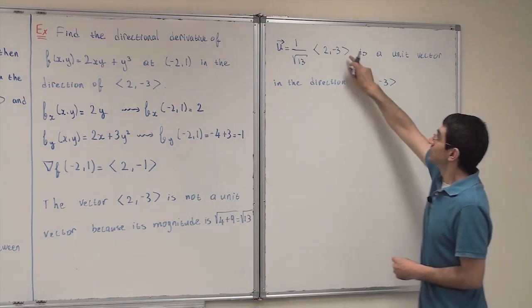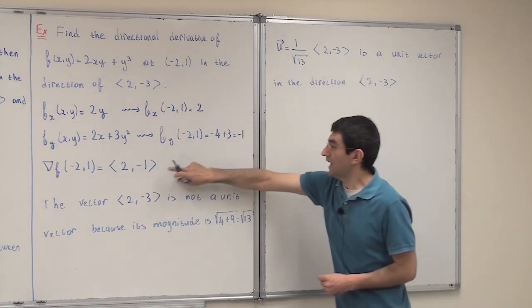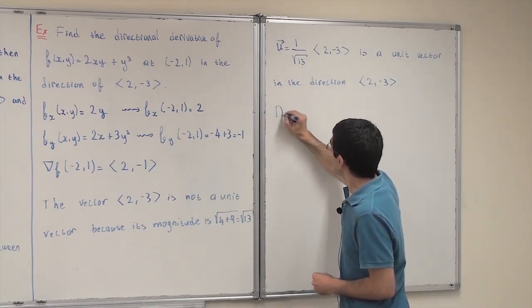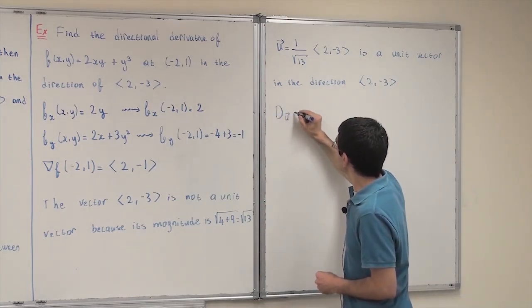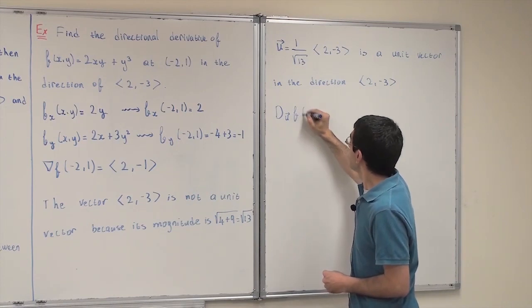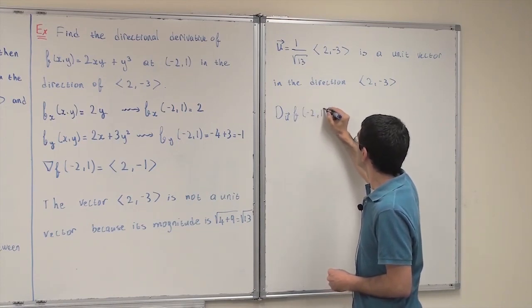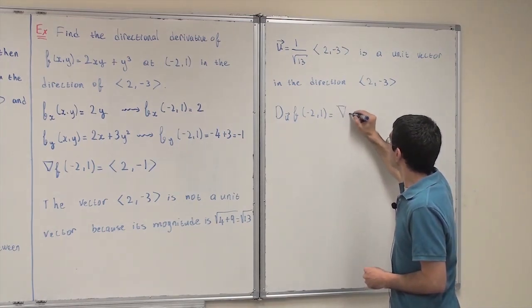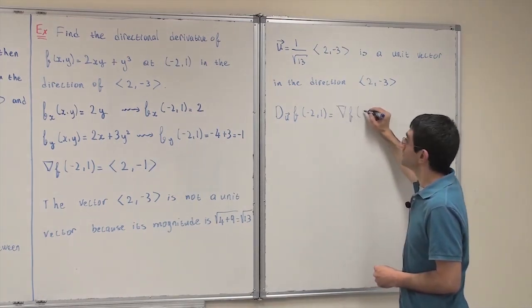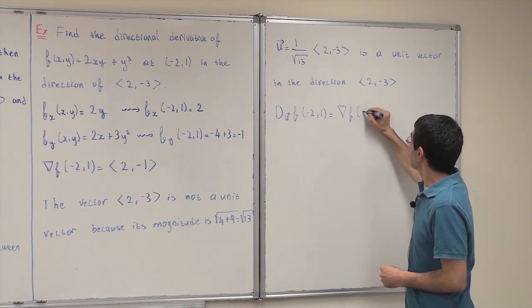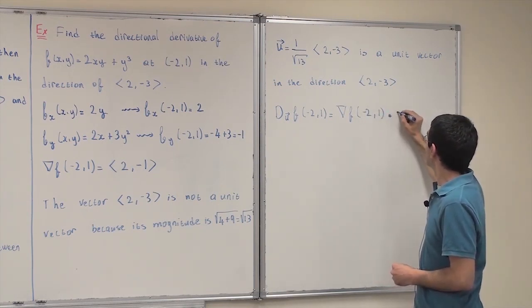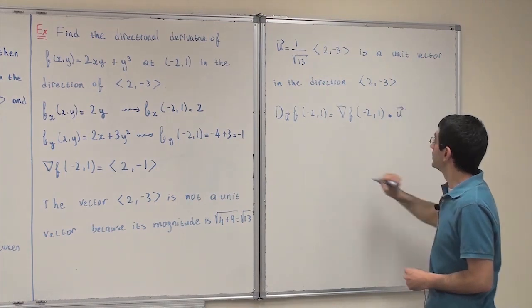So using this unit vector and the gradient vector, we can calculate our directional derivative at the point negative 2, 1. So from the formula, this is the gradient vector at the point negative 2, 1, dot product the unit vector.